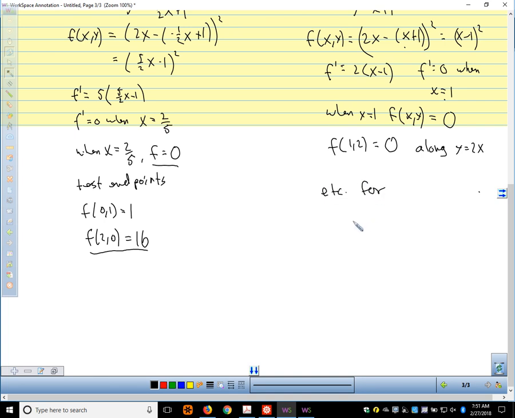All right. And for this third one, I'm going to say etc. for the line y equals negative 2x plus 4 between 1, 2 and 2, 0. And we've already seen that f of 2, 0 is 16.